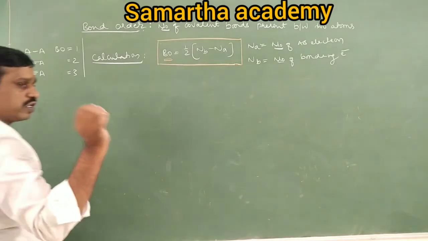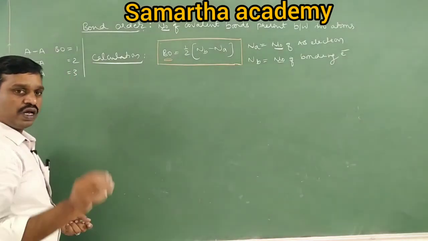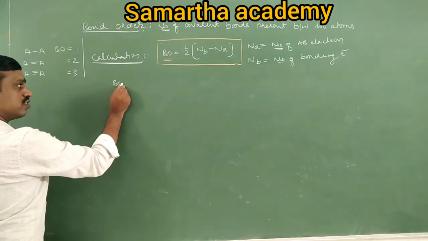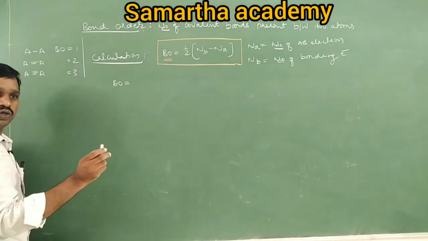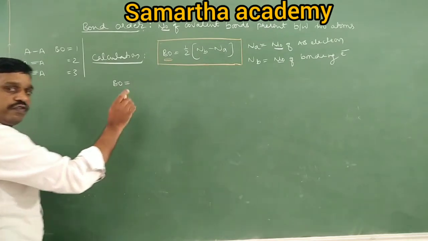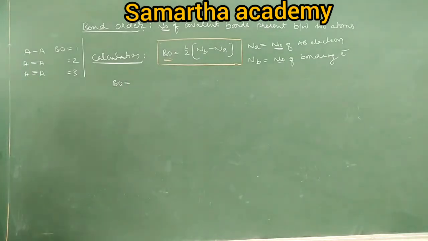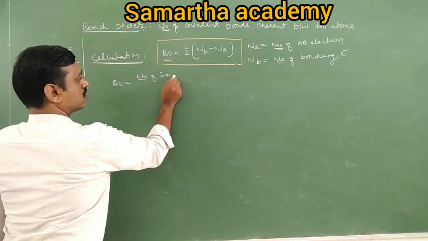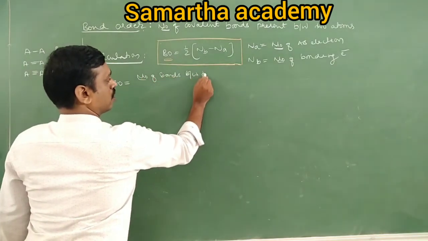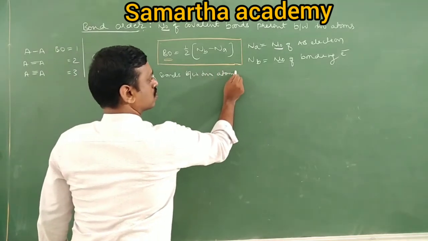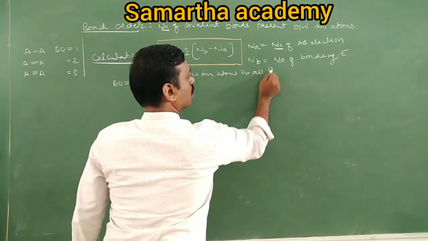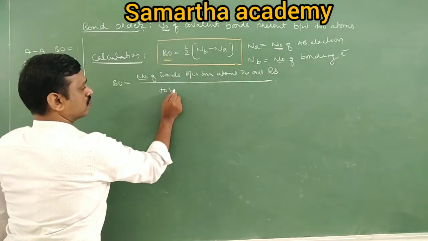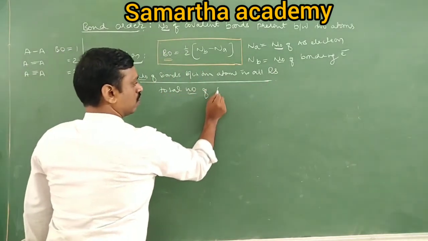Another method we have studied in resonance. Do you remember how to calculate bond order? If a molecule has resonance structures, bond order is equal to the number of bonds between two atoms in all resonance structures divided by the total number of resonance structures.